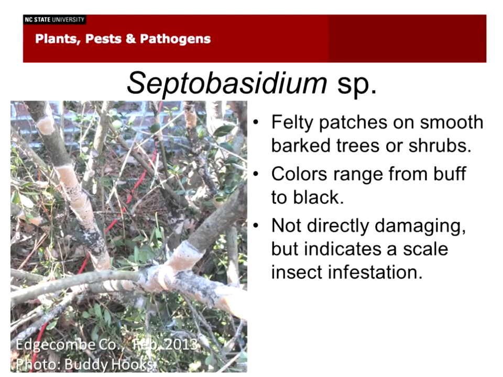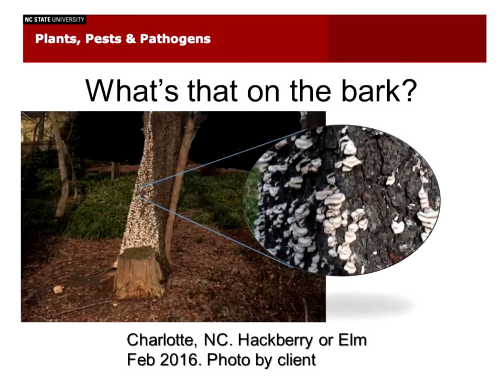Here's a picture a little bit brighter, showing some of the lighter colored ones, and these typically seen as felty patches. We usually see them this time of year, or at least seem to, because the leaves are off and allows us to get a better view of the bark. And they often are seen on very smooth barked plants, such as Nyssa, for example.